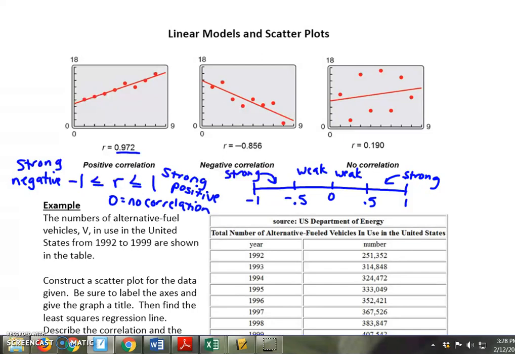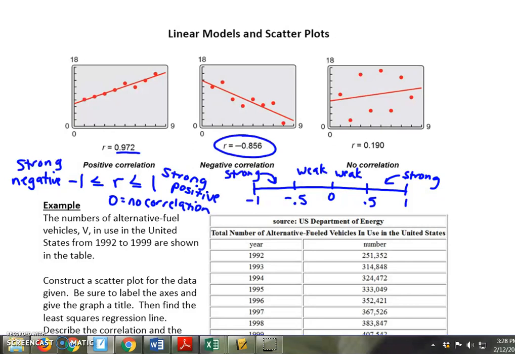You can look at the negative correlation we have here, -0.856. That's pretty close to -1, so it is a fairly strong correlation, but as x increases, y decreases, so that's a negative correlation. You can see how close the points are to the line, and that tells you the strength of the correlation.